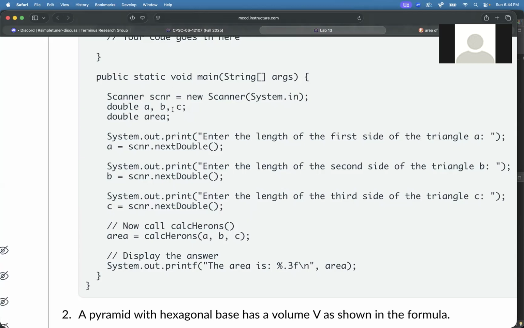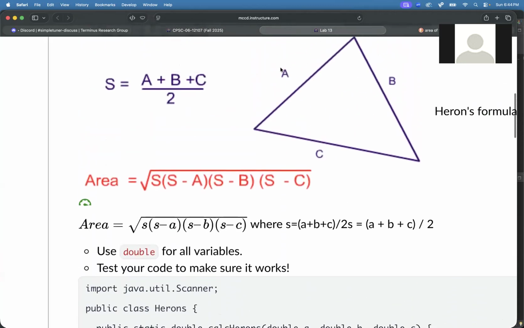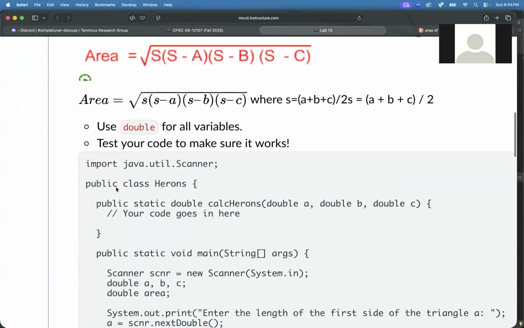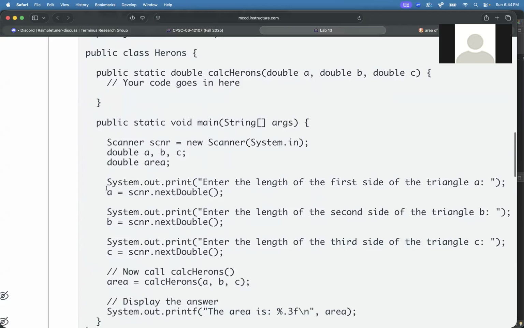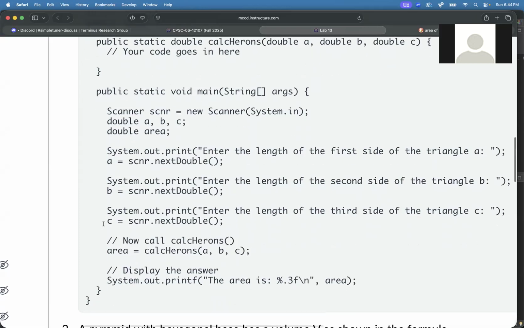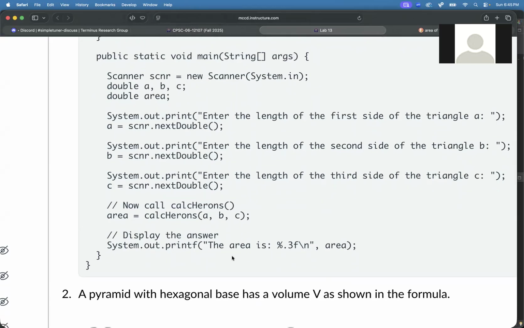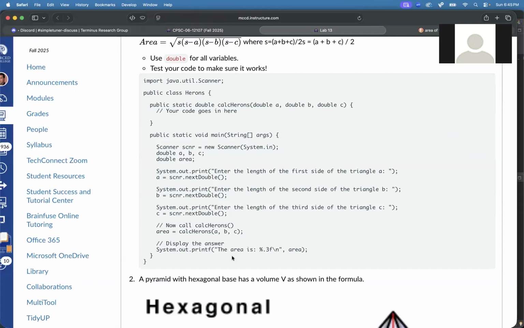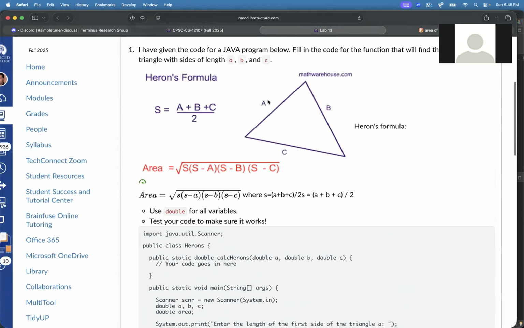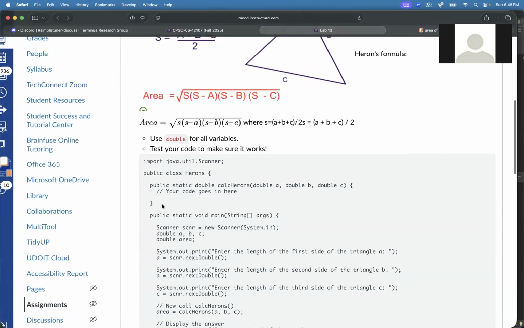We have variables A, B, C, and area, for the sides of the triangle and the final area. And we tell the user to type in the sides of the triangle. First one is A, second one is B, third one is C. Then we're going to call this formula calcHerons, which we have to write. And then we're going to print out the result. And so all the code is written for us except this method, right? Which is what we're learning, is methods.